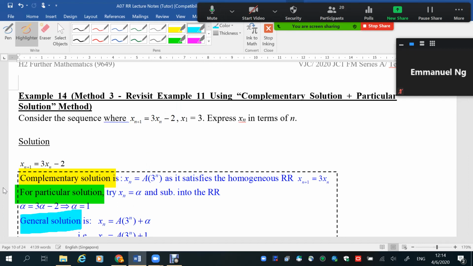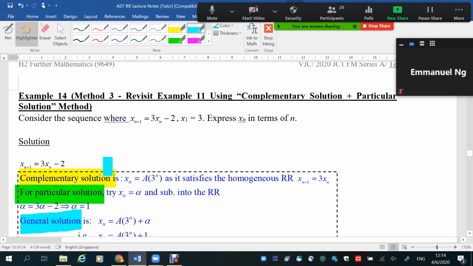Just now you went through the definition of a general solution. We went through the definition of a particular solution. Now suddenly I got a complementary solution. Anybody know what's happening? Okay, let me explain.